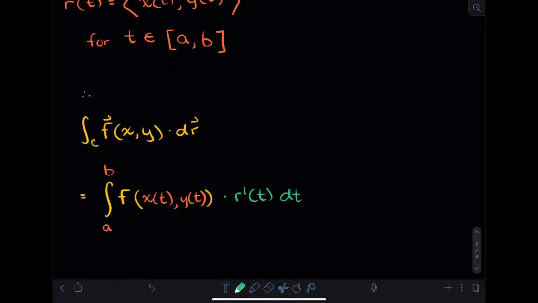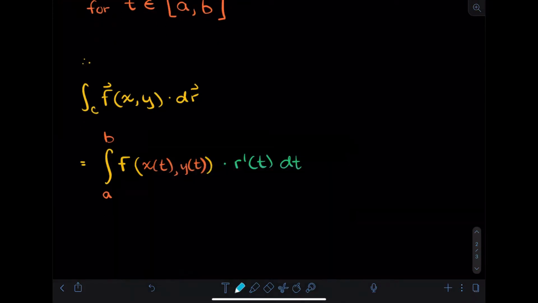And this should make a lot of sense to you, because if we didn't dot it, we'd have a function and we wouldn't get one answer. We would have some sort of vector perhaps as the result, or it might even be something more complex than that. But when we dot it, remember when you dot two vectors together, you're going to end up with a scalar value, and then we can easily take the definite integral from a to b with that.